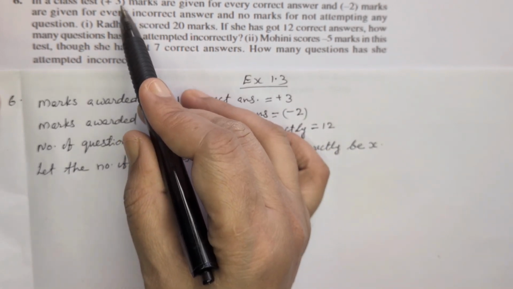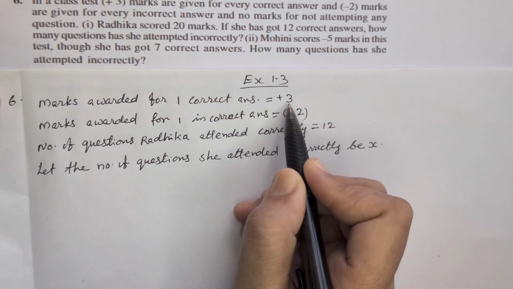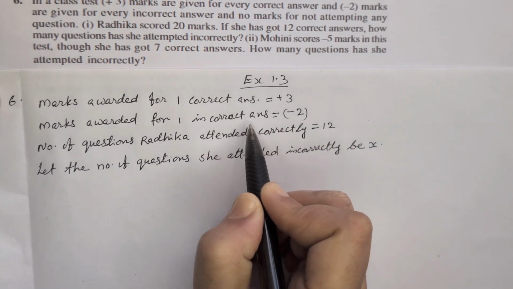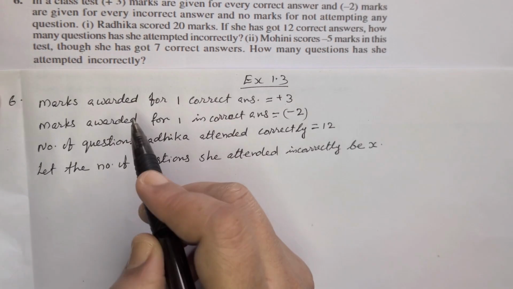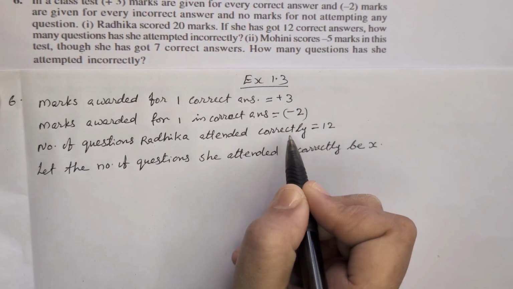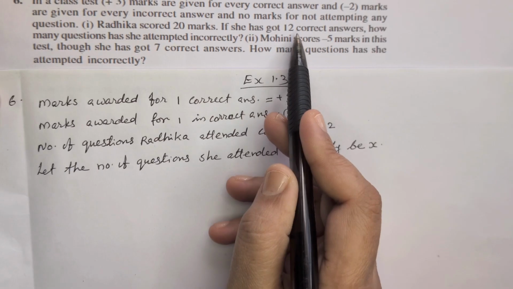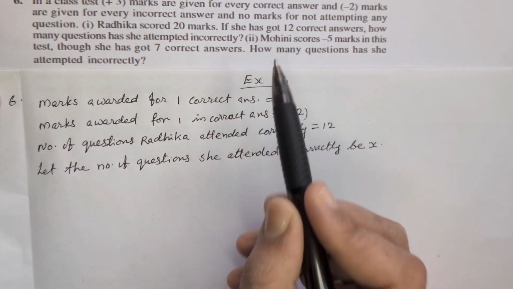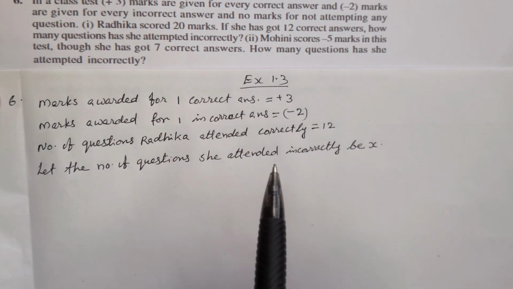For a correct answer, 3 marks. So we can write: marks awarded for one correct answer is 3, taking the sign as plus. For an incorrect answer, minus 2, as a mark is cut. Radhika answered 12 questions correctly.